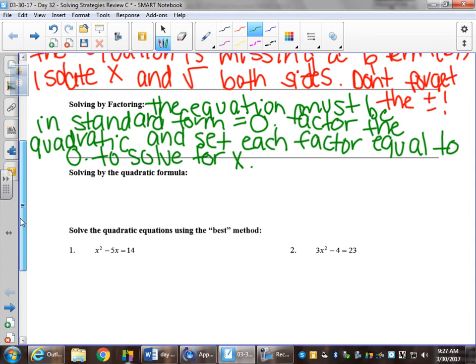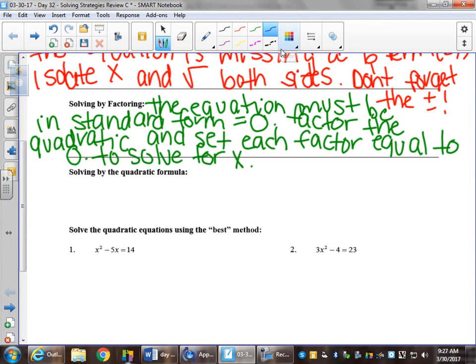One last definition. Solving by the quadratic formula. So what real world type of problem did we use quadratic formula for? Velocity.